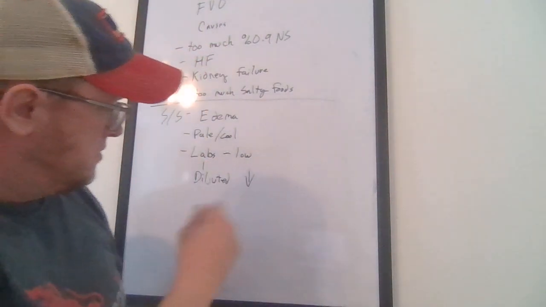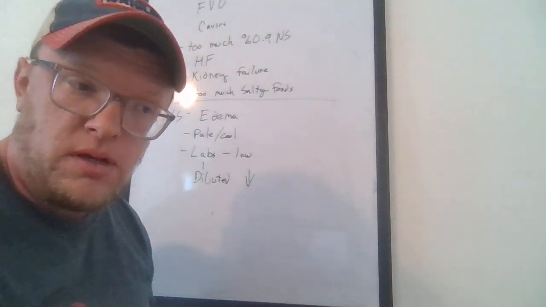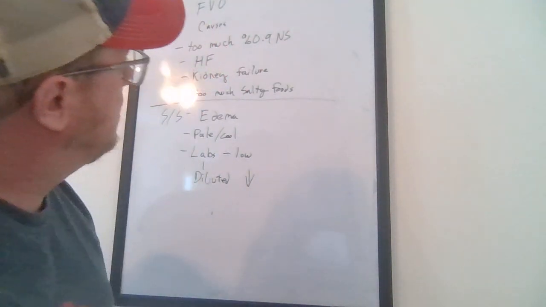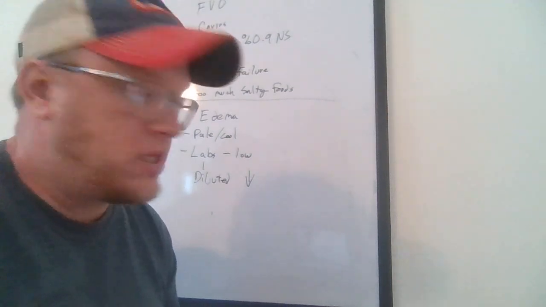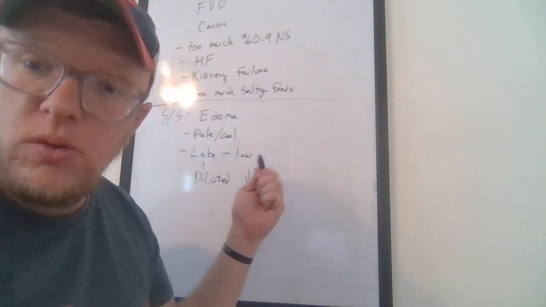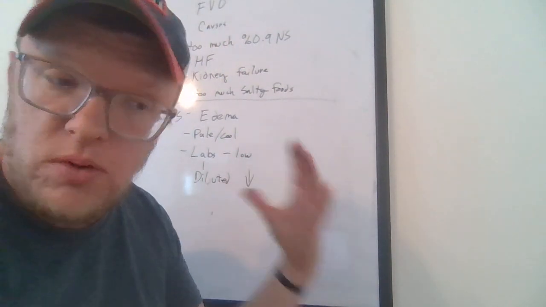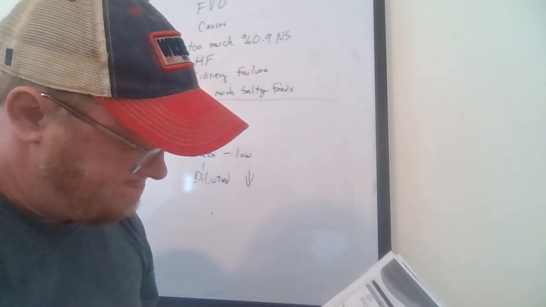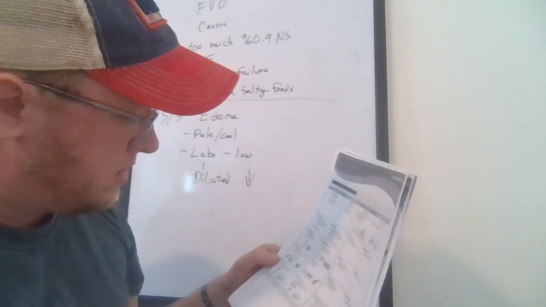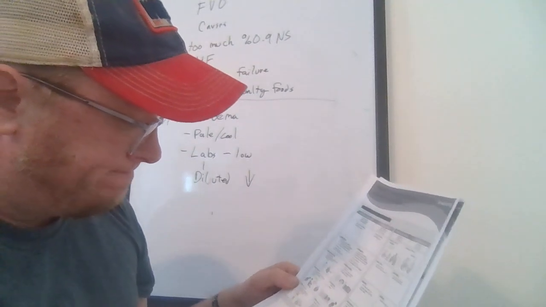So their lab work could be diluted. Not always. That's a kind of tricky one, but as a general rule, low liquidy labs when you are swollen up with fluid. And he even uses that term in this thing.